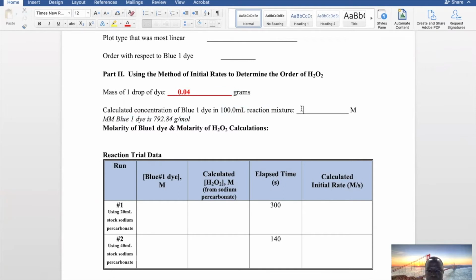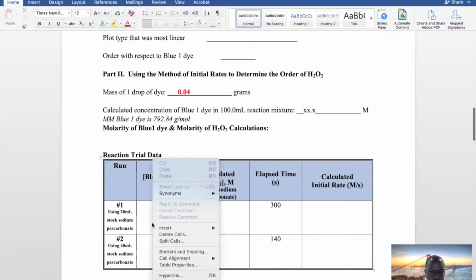Once you know the concentration, you may have it as xxx dot xxx, and I'm just giving you that as the concentration. Since it's the same, this will be the same.